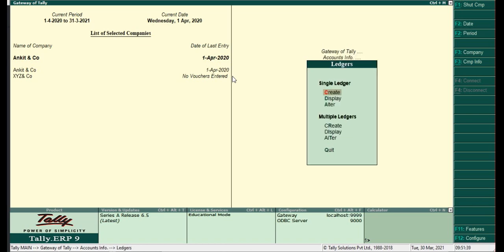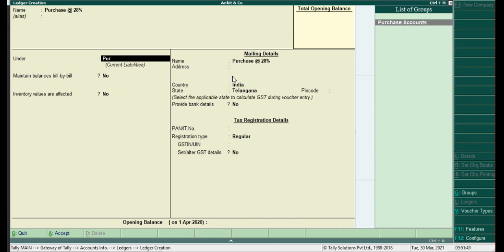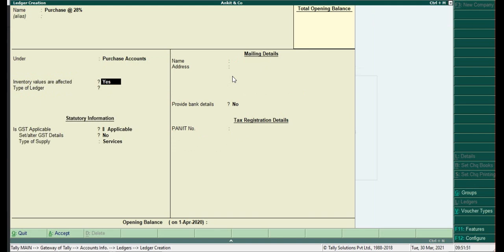And one more ledger we have to create, that is purchase at the rate 28%. Am I right? It's under purchases. So you can ask me, sir, already we have a purchase ledger na. Yes, we have a purchase ledger, but if you are purchasing with different rates, to categorize the different percentages, I am creating different purchase ledgers.